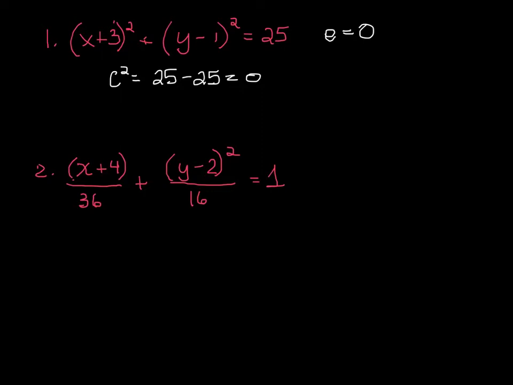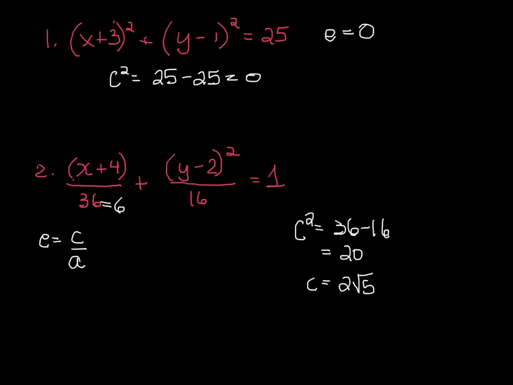The eccentricity of an ellipse, which is what we have here, would be E equals C over A. So first I need to find C. In an ellipse, C squared is A squared minus B squared. So that would be 20, so C is 2 square roots of 5. I know my A is going to be 6.